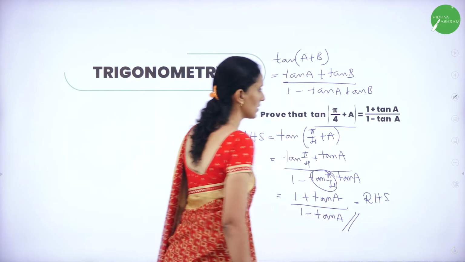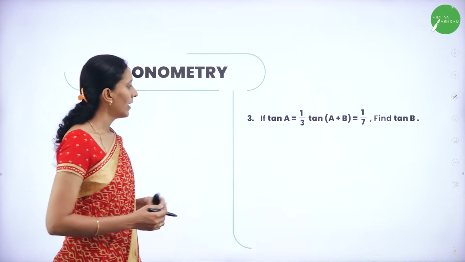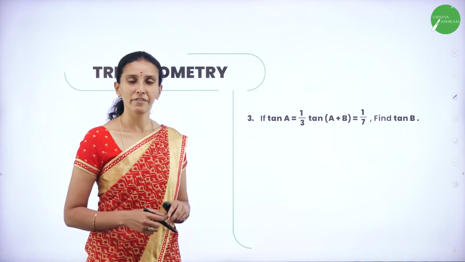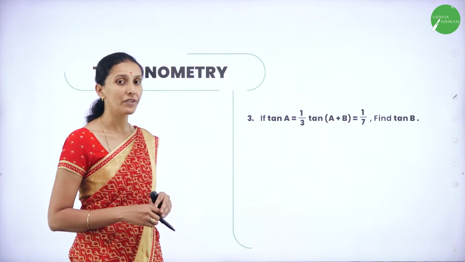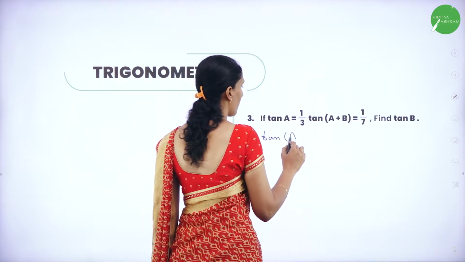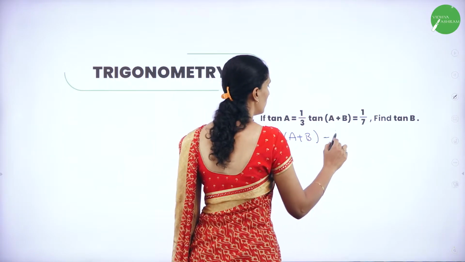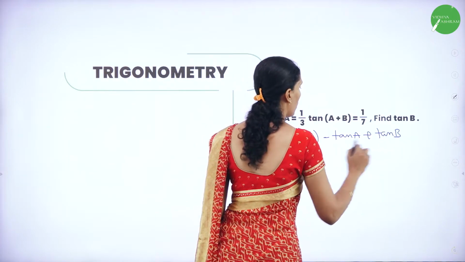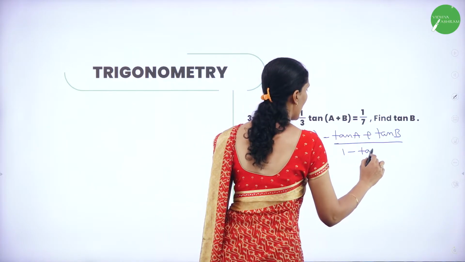Next question, tan a is equal to 1 by 3, tan(a plus b) is equal to 1 by 7, find tan b. Use the formula of tan(a plus b) here. So tan(a plus b) is equal to (tan a plus tan b) whole divided by (1 minus tan a tan b).